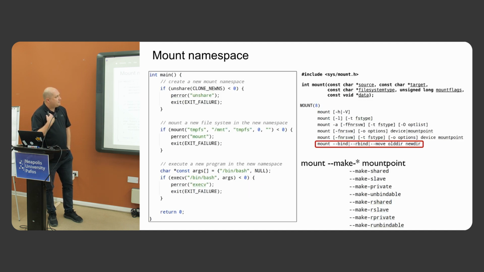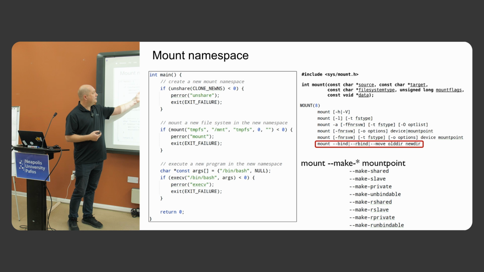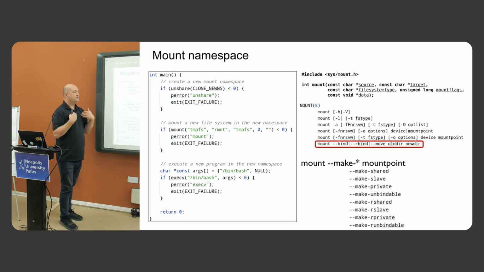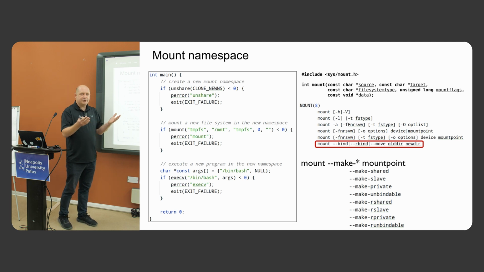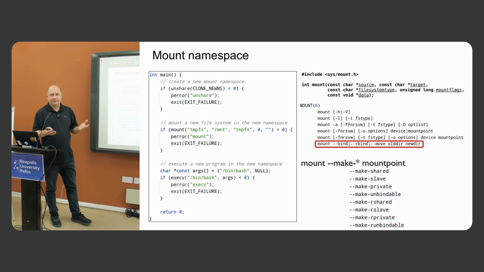So this is an example for the mount namespace. Very clear, right? Just unshare. It means I am a process, and I don't like to share the mount namespace with my parent for some reason.